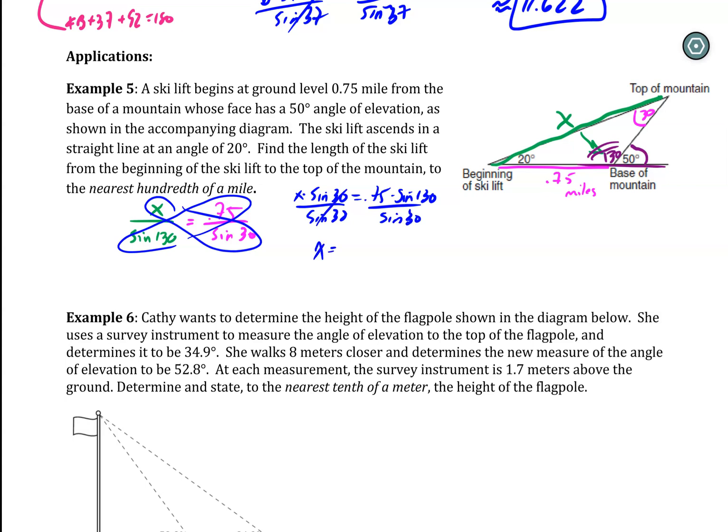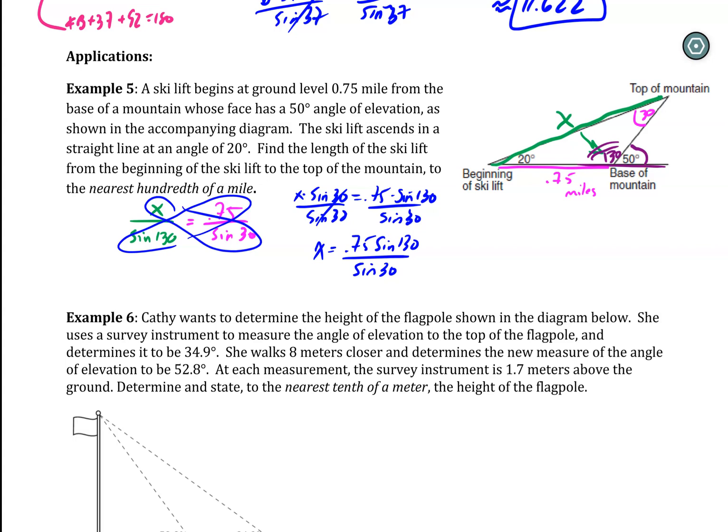So x is going to equal 0.75 times the sine of 130 over the sine of 30. Now, sine of 30 is one of those special angle measures, so if you do know that one, you could plug it in, which is a half, but I don't know the sine of 130, so I'm still going to have to use a calculator, so I'm just going to plug it all in here.